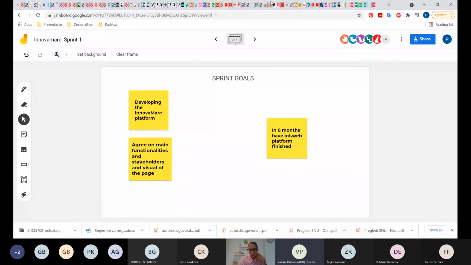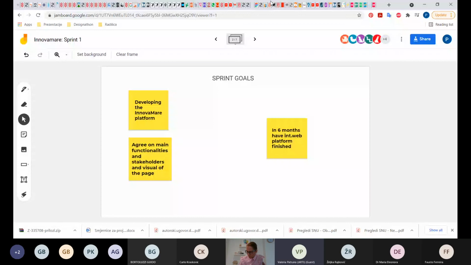If I can add just one thing, this is Valeria speaking. I think one of the risks that we have with the development of the InnovaMare platform is that in this case the web collaborative platform is not just about project management.